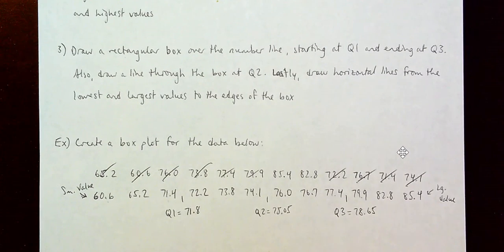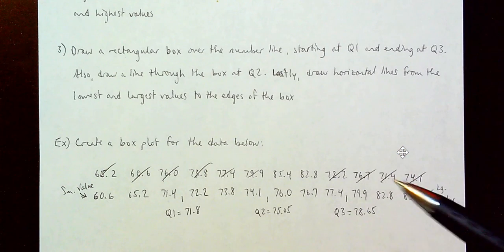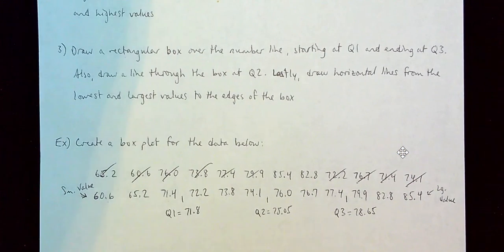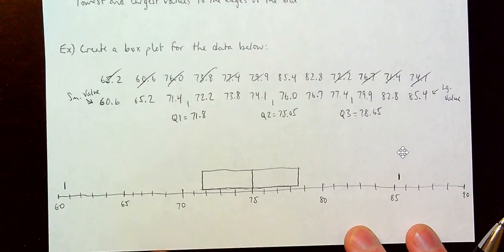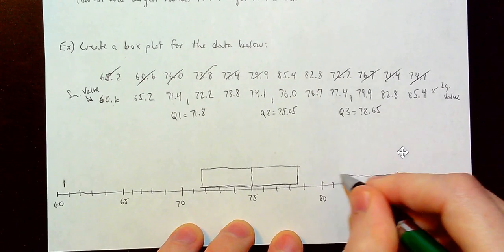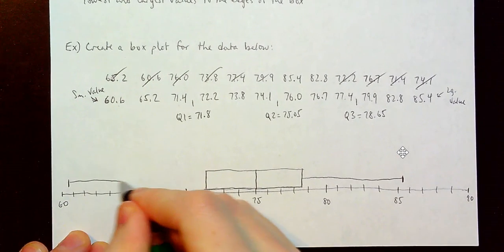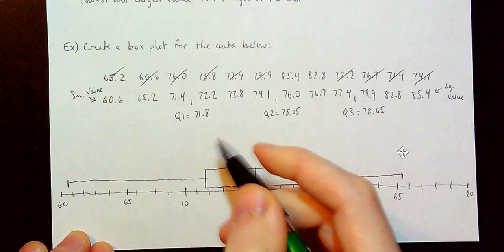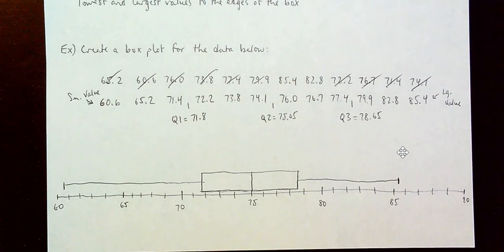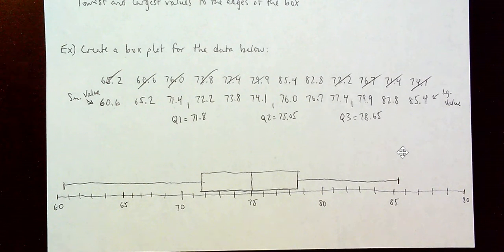So we drew the rectangular box with our 3 large lines through it. And then lastly, we draw those horizontal lines from the smallest and largest values to the edges of the box. So that going there, this one going there. And your line should not go inside the box. That's an error on my part.